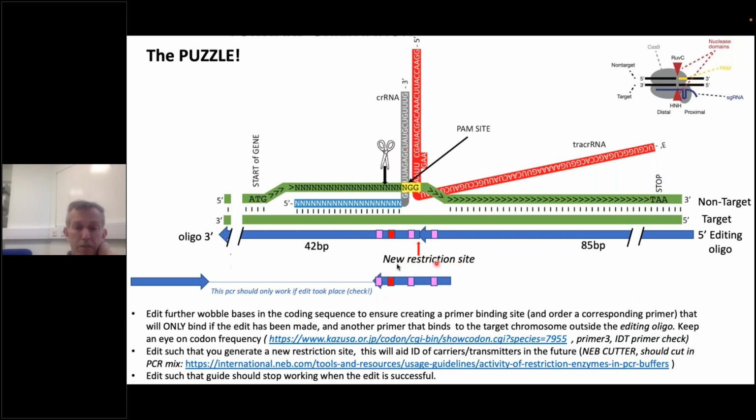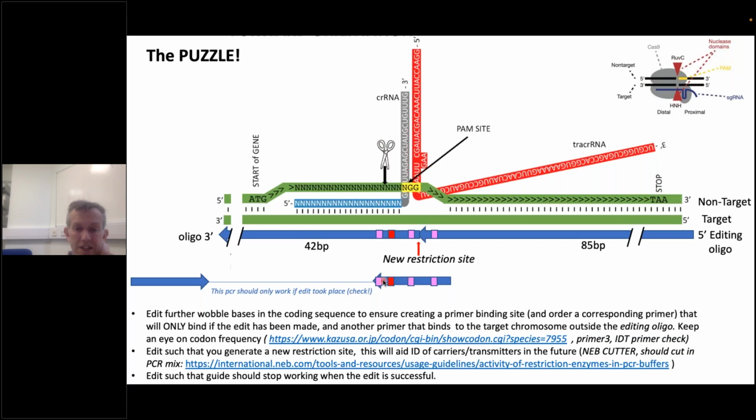So this is kind of our positive control that we're going to use to see whether the edit that we're trying to make is actually going to be made in the genome. And for that we need another primer, and this primer needs to be outside of this targeting oligo. Otherwise we simply start amplifying the oligo that we co-inject.